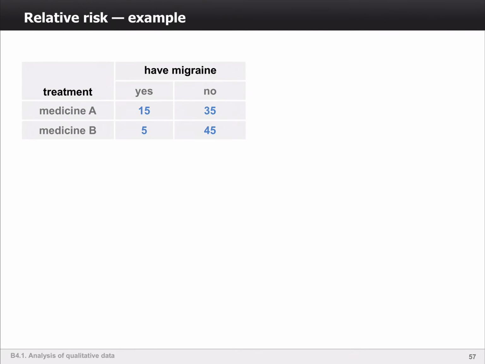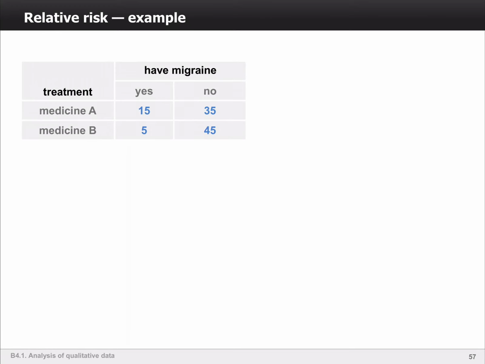Let's say we have a medicine that treats some disease. And we have some suspicion that this medicine also gives a migraine as a side effect. Migraine is a terrible headache that people can have. So we would like to find out if this particular medicine indeed has migraine as a side effect.